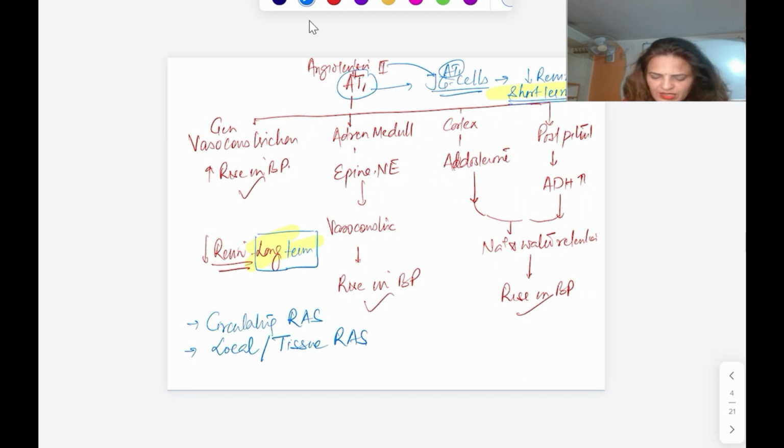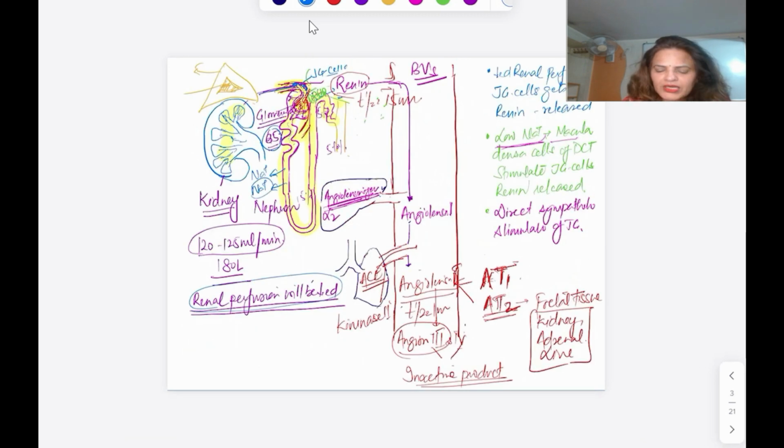Extrinsic: in the intima of the blood vessel, they catch renin and angiotensinogen, and angiotensin 2 is formed locally and exerts a local action.